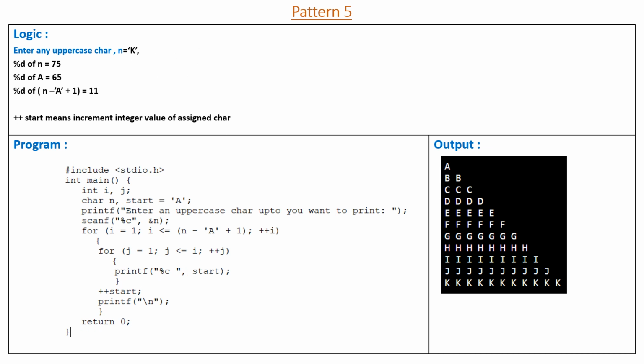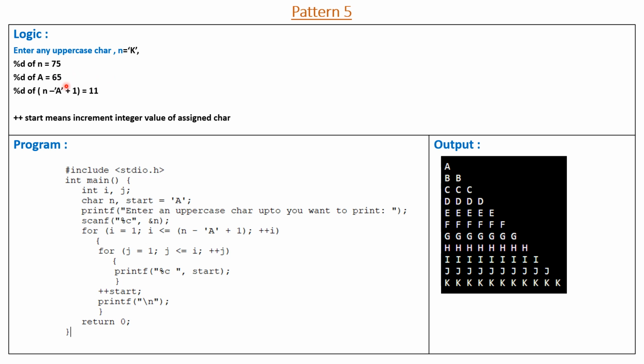The last pattern is to print uppercase letters in half pyramid form. The logic behind that is, first we have to enter any uppercase letter up to which we have to print the half pyramid. Here I have entered k. So the value of n equals k.